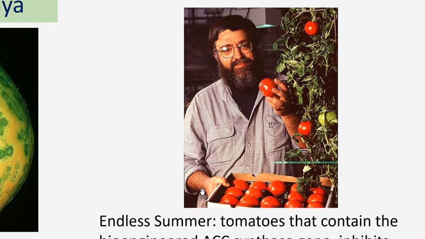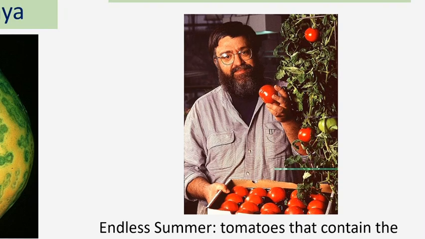produced in 1994. And this tomato has a unique feature that it can be stored and preserved in shelf or in store for a long amount of time, compared to the conventional breeds of tomato.